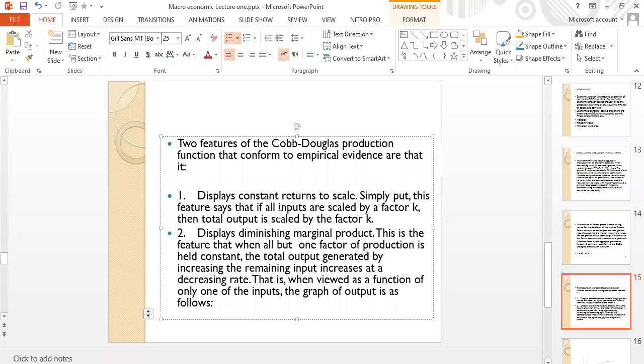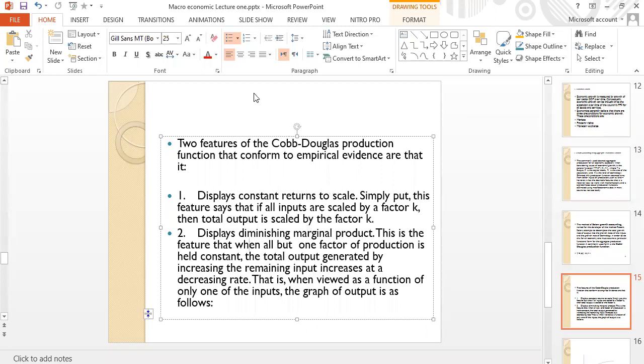Simply put, this feature says that if all inputs are scaled by a factor k, then total output is scaled by factor k. It also displays diminishing marginal product.